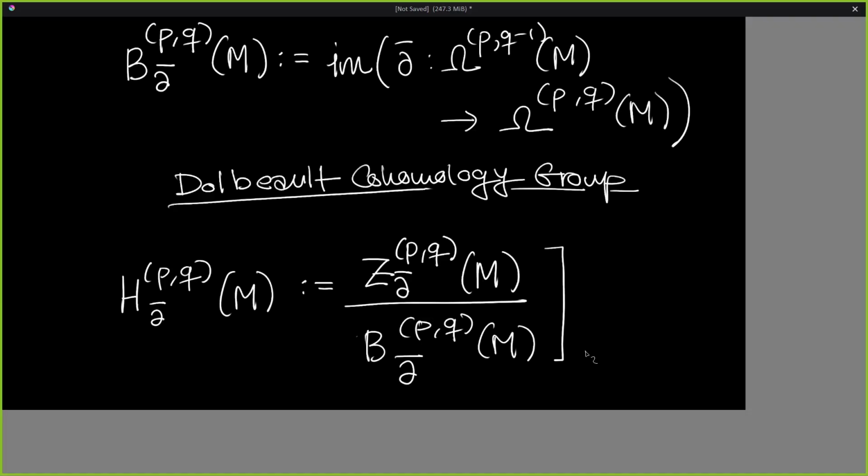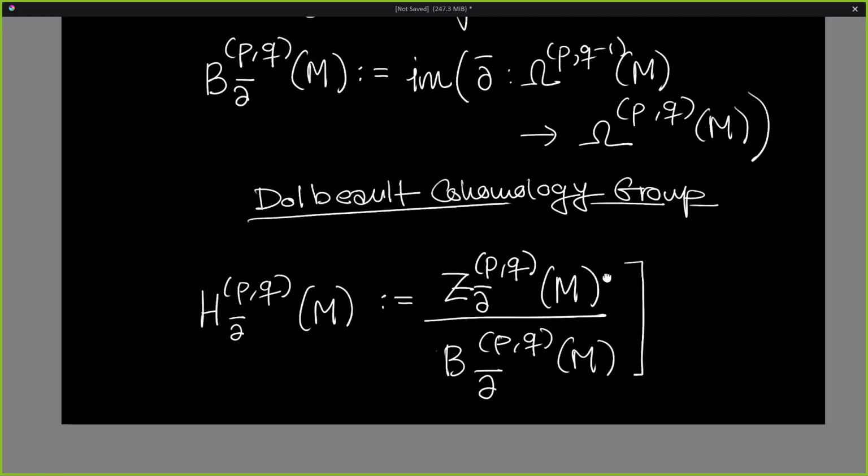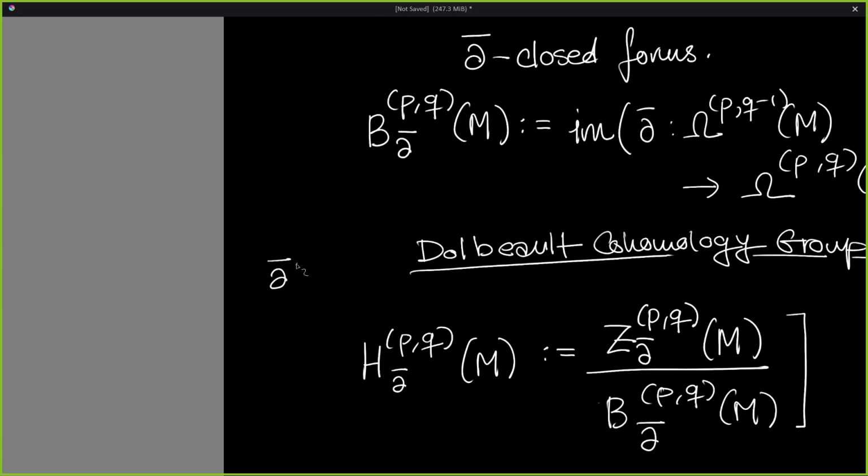We're just replacing all of our machinery from the case where we had d to the case where we have partial bar be the generator. But now that we have two generators, things get a little more interesting. Although what's going to be interesting is that we only really care about the version with partial bar because of a lot of symmetries that we're going to see.